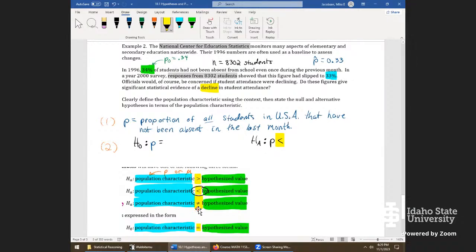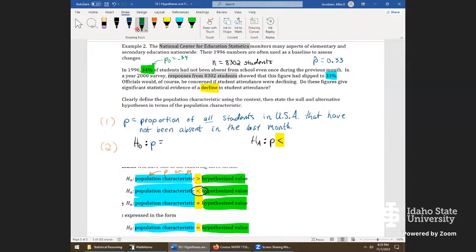So if they are expecting a direction, then this becomes the more powerful test to get a real conclusion out of. But if they have no idea what's going on, you go to the default test here. It's less powerful, but it catches any deviation, a decrease or an increase. So it's in that way that this is the default. But if we find context that directs us to a less than, we have to use it. That's the real test they would have been using.